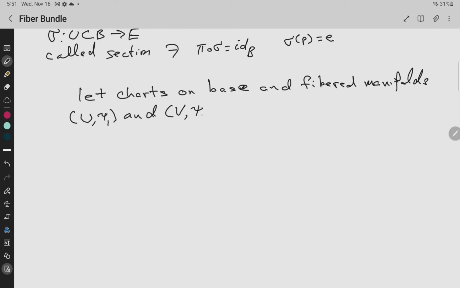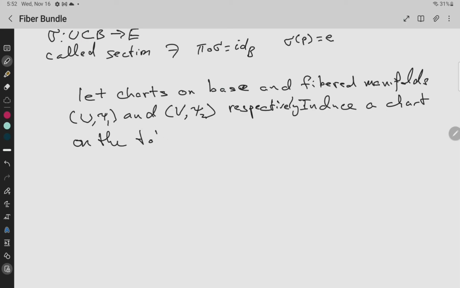Then another open set V in the fiber F, and phi 2 would be the chart going from F to its respective space. By the way, the dimension of the base manifold is n, and the dimension of the fiber manifold is m. Together, these two charts will induce a chart on the total space E.